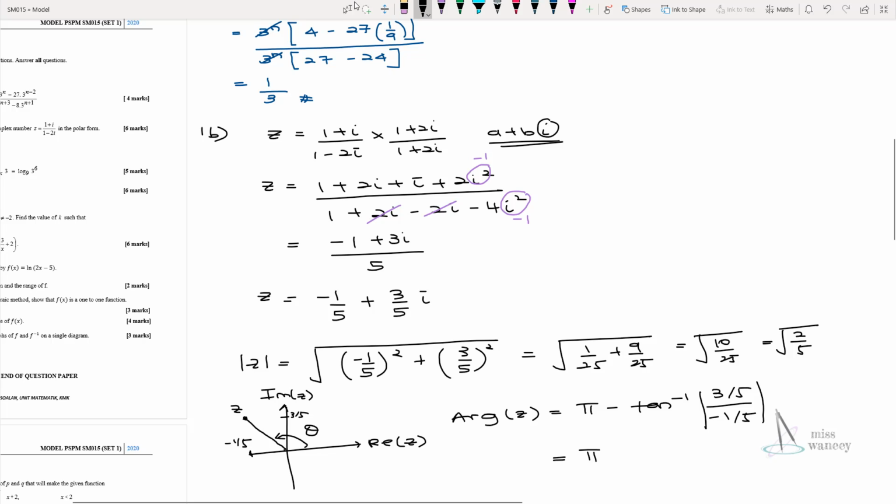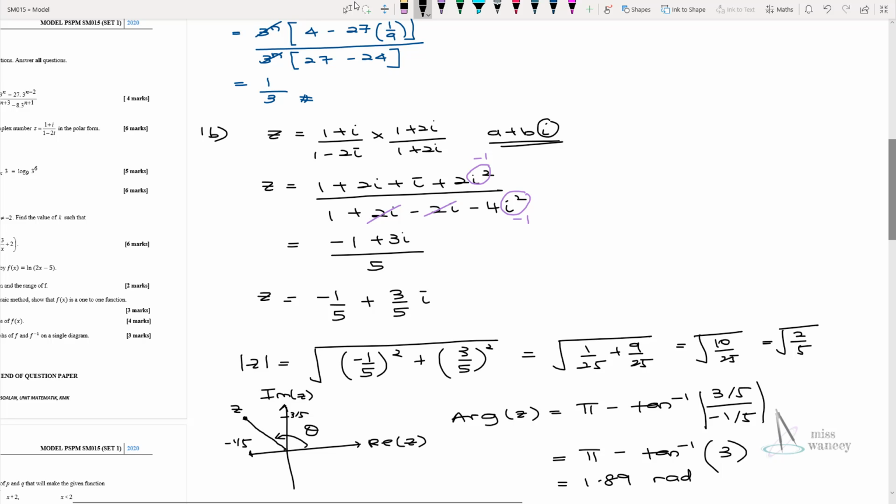So this is equal to pi minus arctangent 3 over 5 over 1 over 5. So this is arctangent of 3. And then you can use your calculator. So the answer for this will be 1.89 radians.